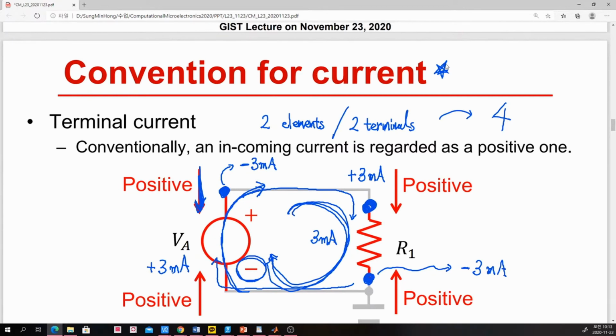However, we are now talking not about circulating current, but terminal current: the current seen from or measured from each terminal. So although there is one single loop of current, depending on the observation point, that can be sometimes positive or sometimes negative. Please understand these 2 differences.